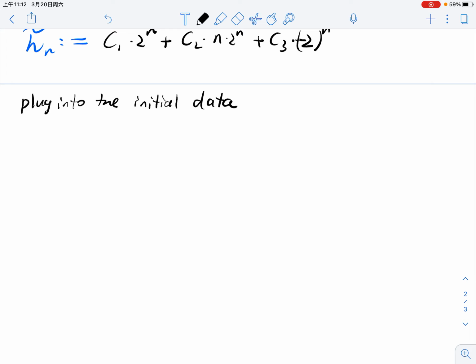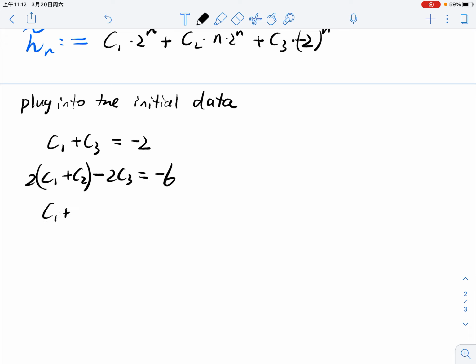We have C1 plus C3 is negative 2. 2 times (C1 plus C2) minus 2 C3 is negative 6.